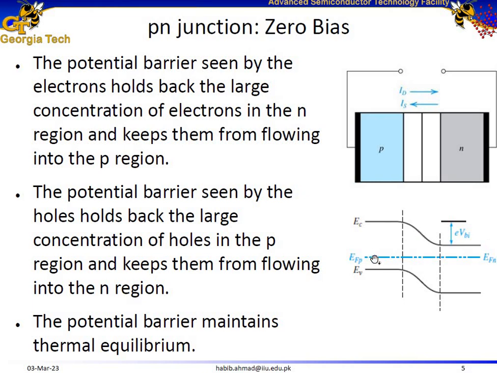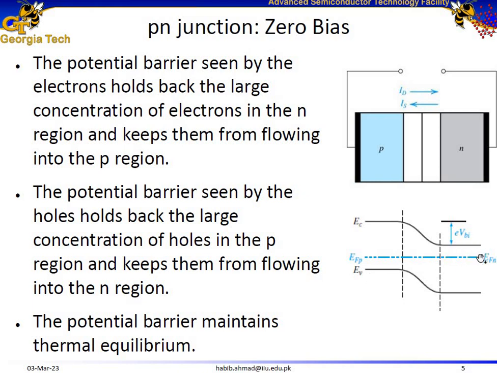Similarly, if you keep increasing the hole concentration over here, this Fermi level gets closer and closer to the valence band, and there comes a point where it crosses the valence band and goes below the valence band. And when the Fermi level crosses the conduction band or the valence band, we call it degenerately doped semiconductor.